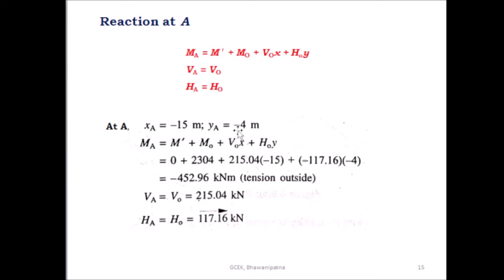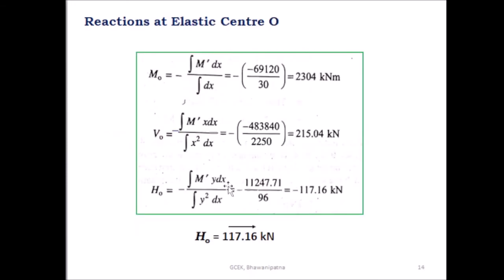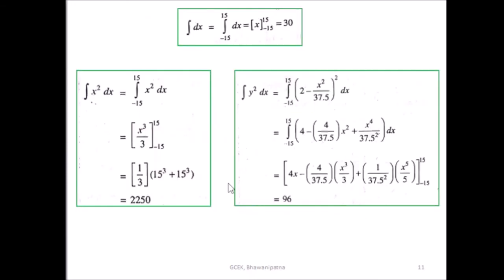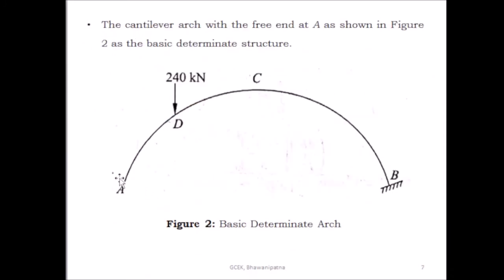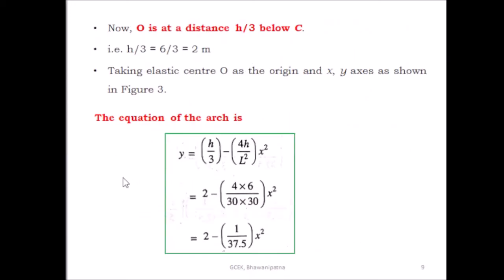Then after putting these coordinates and MO, VO and HO, you can find the moment at support A. M dash is equal to 0, because there is no moment due to external loading at support A.